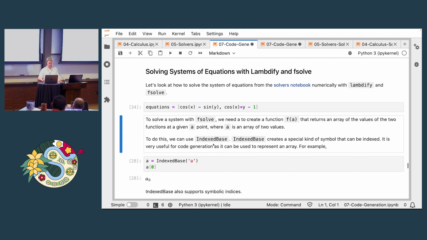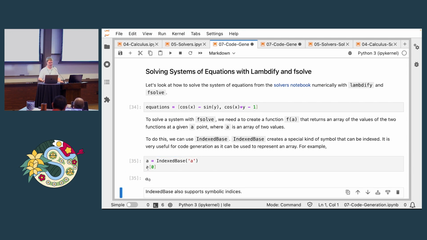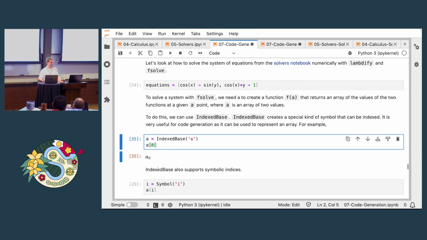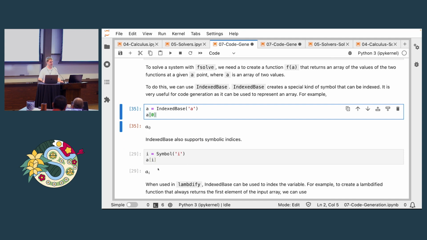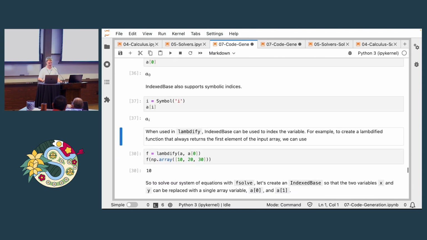The way that we do that is there's this thing in SymPy called IndexedBase. What this does is it lets you create a symbol that you can index into, to represent a symbolic array being indexed. You can also do symbolic indices here.